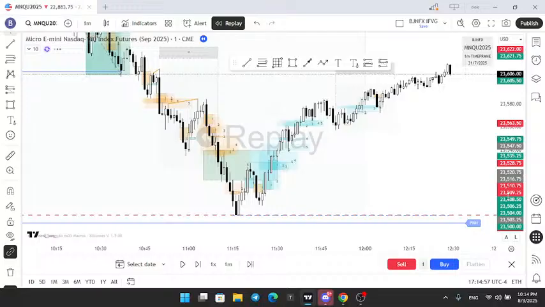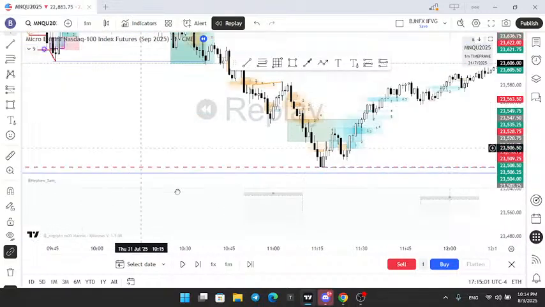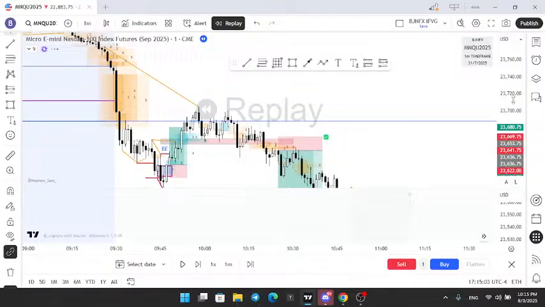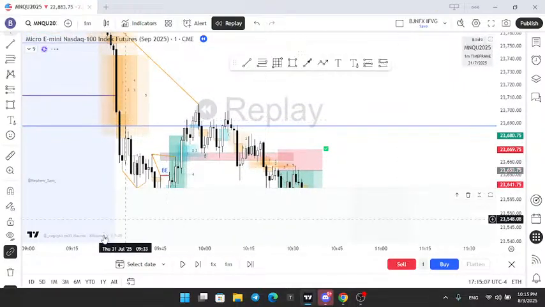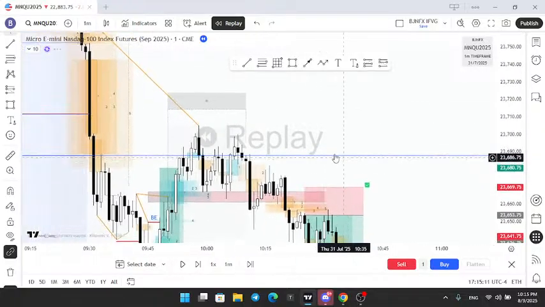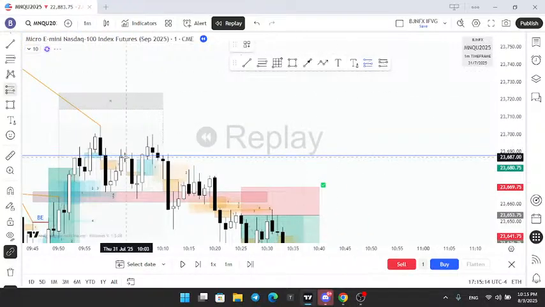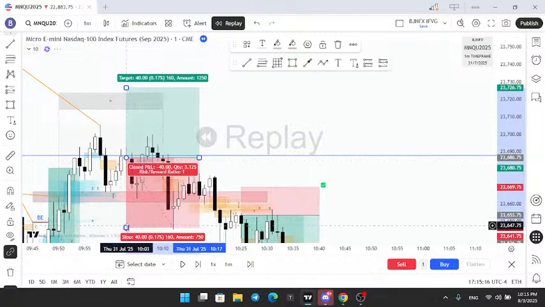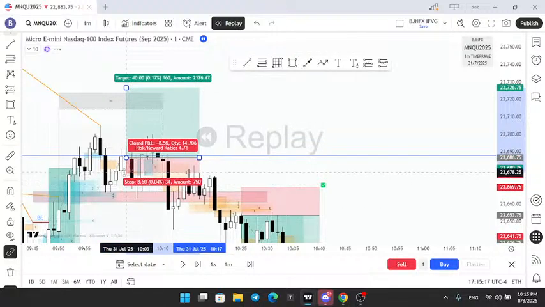For the losses, we had a loss here. It was also a low probability setup. It was a C rank setup.